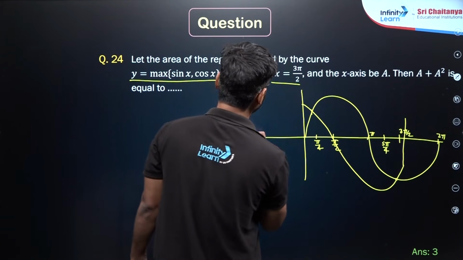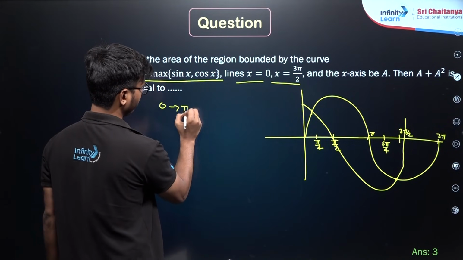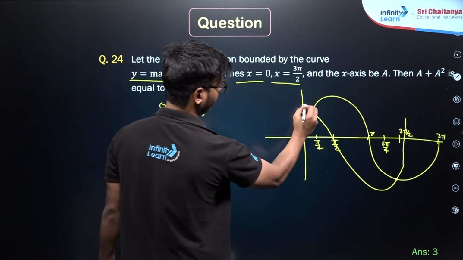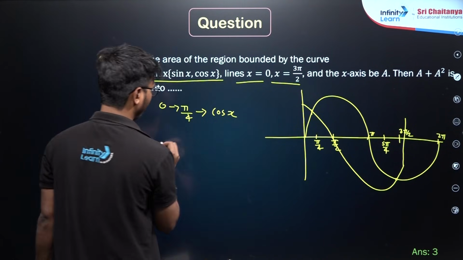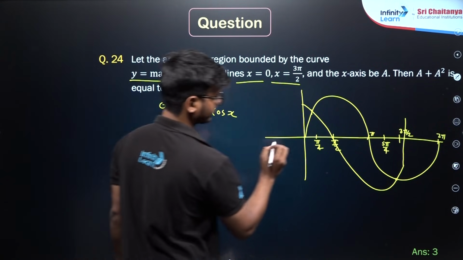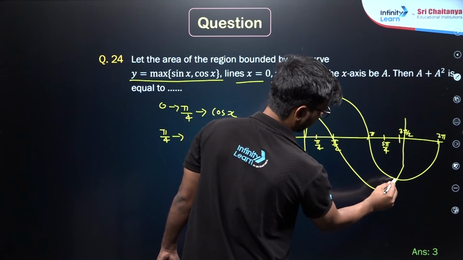So from the region 0 to pi by 4, I will take the dominating one as cos x, correct? And from pi by 4 sin x is dominating, you can observe sin x is dominating till 5 pi by 4.